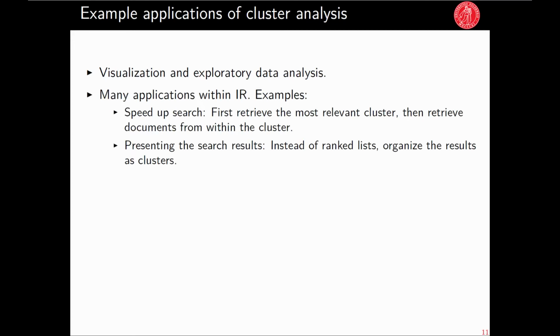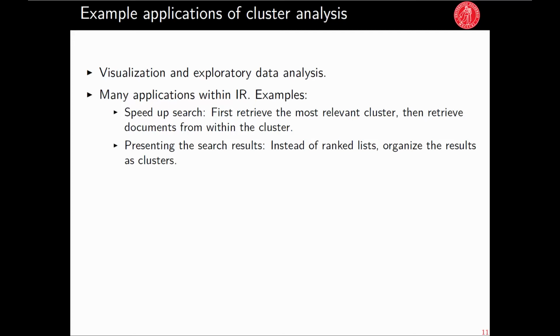Clustering is used much within the field of information retrieval. There are many possible use cases that we could set up here, but one immediately obvious way we could use clusters is that if we've run clustering and we have defined a set of subgroups of objects within our data, in this case groups of documents within a document collection, then if we're given a search query, we could speed up our search process by first retrieving the most relevant cluster.